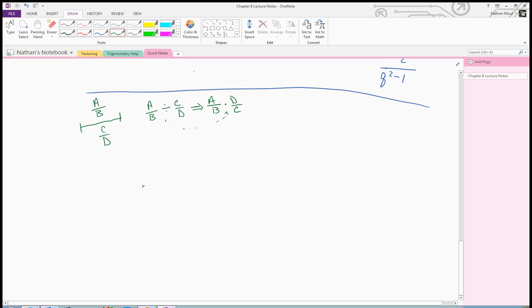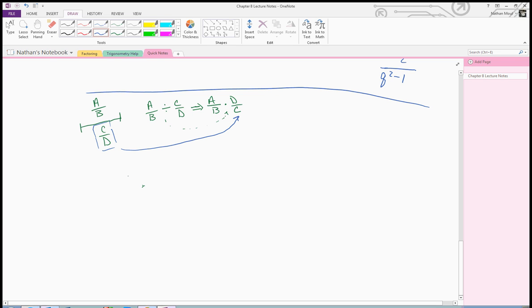That's why teachers will generally teach you to multiply by the reciprocal of this guy, which is simply D over C. This is a dirty algebra technique that you've been taught time and time again.